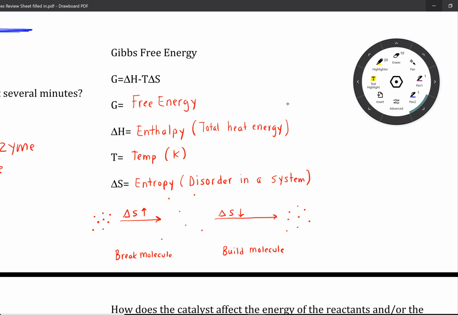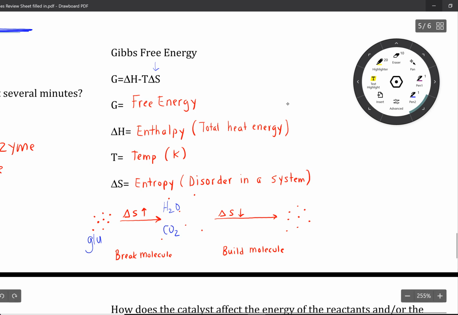So if you are breaking up a big molecule, let's say you're going from glucose to its broken down pieces, which could be H2O and CO2, then that is going to have an increased delta S. And if you increase your delta S, meaning you make this bigger, you're going to have a larger minus number, and your overall G will be negative.